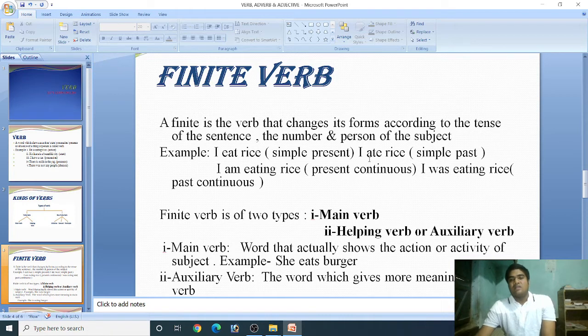What I want to say is that a finite verb changes when the tense of a sentence changes, as well as when the number and person of the subject changes. Now I'll give an example, though I haven't written any such example. He eats rice. He is the subject here, and eats is the verb.